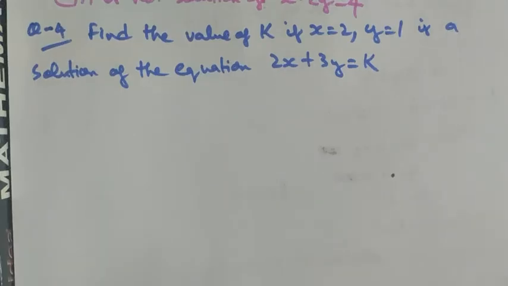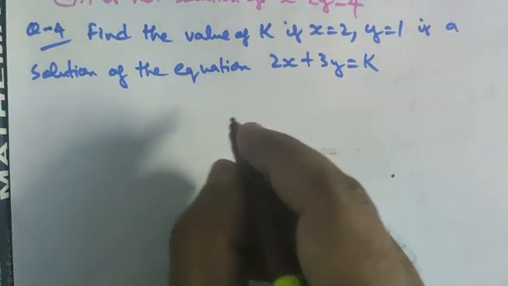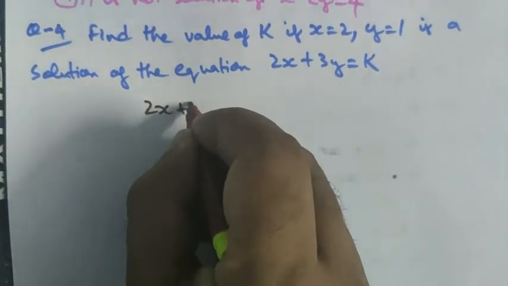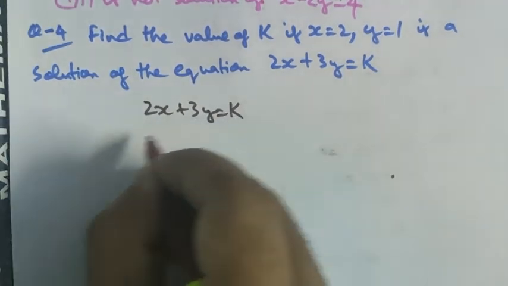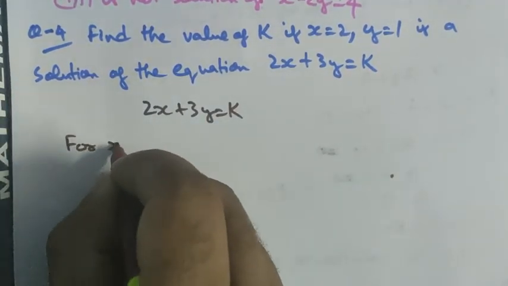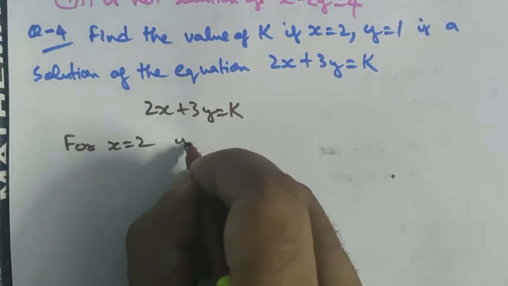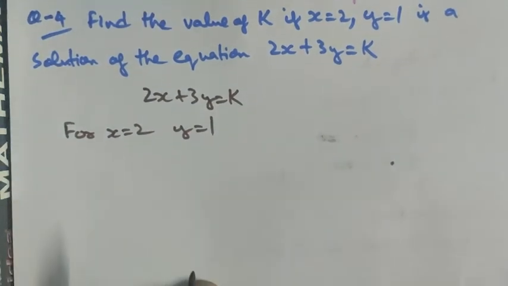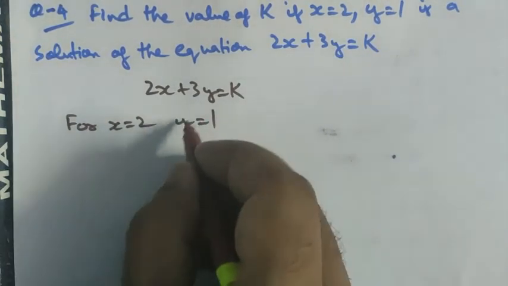Okay, fourth question: find the value of k if x equals 2, y equals 1 is a solution of the equation 2x plus 3y equals k. So for x equals 2 and y equals 1, we will substitute the values in the given equation.